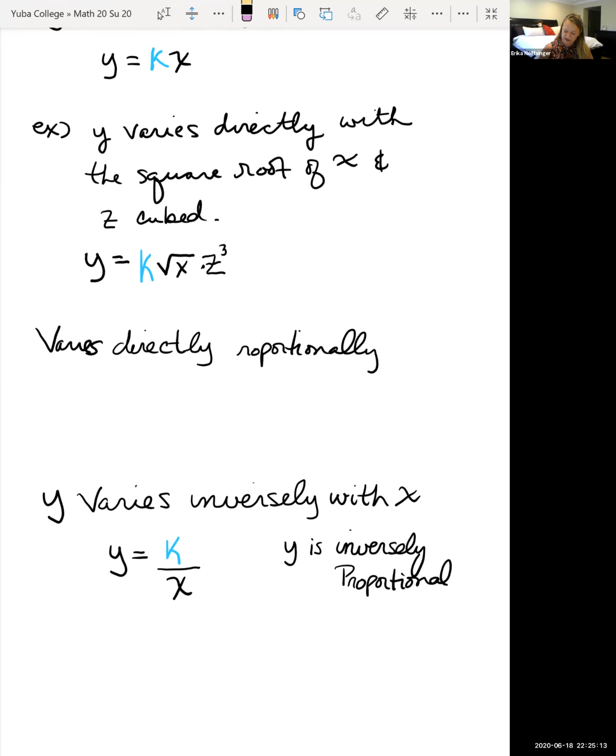This Y varies directly. The other way to say this was directly proportional.